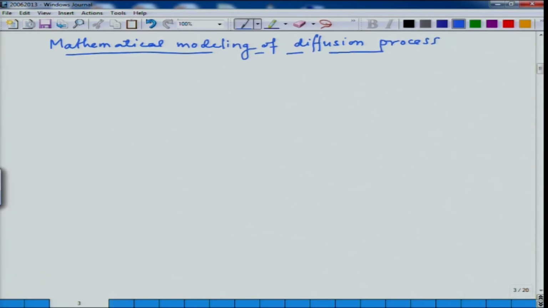In order to do this modeling, we are going to make certain assumptions to simplify the analysis. In general, the material has all 3 dimensions, and we will take an example where the concentration gradient is only in one direction.